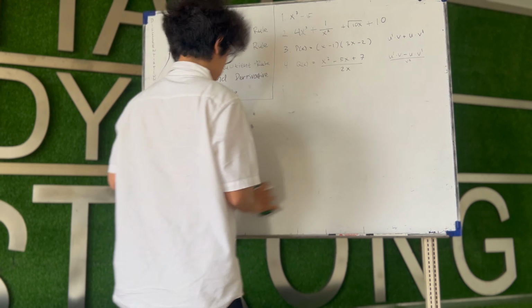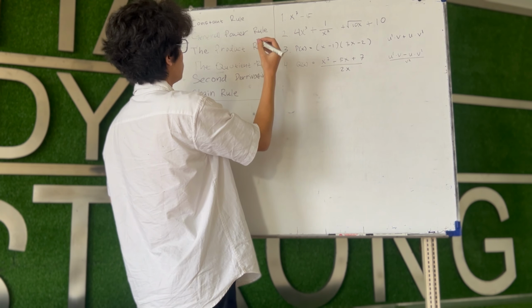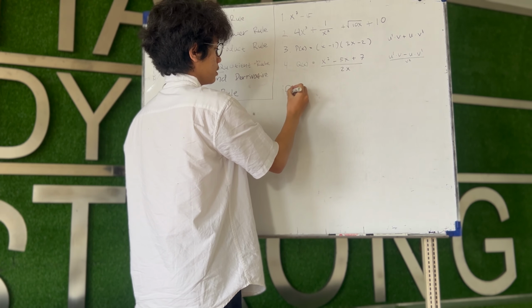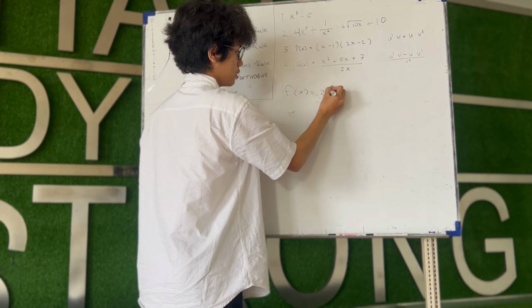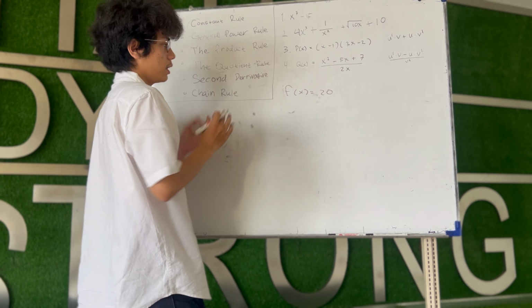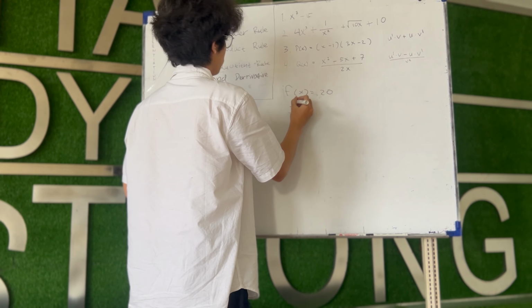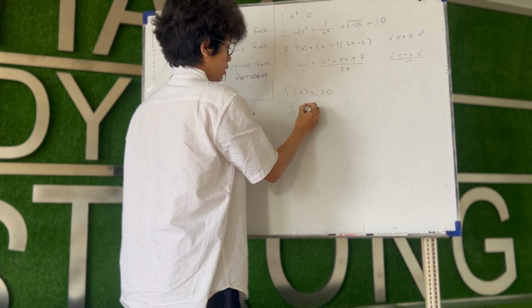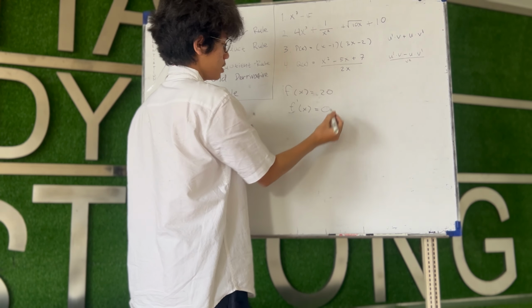Here's the example. Here we have the formula x equals 20. So if you derivative it, you have 0.